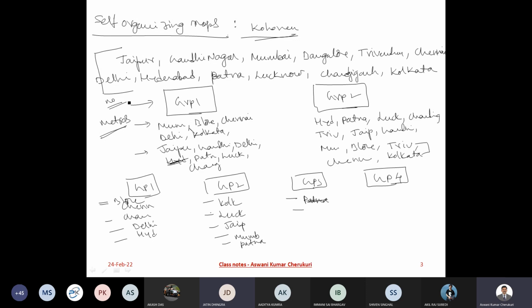Somebody asked me when I gave that problem, sir, what is the basis? If I give the basis, or if I indicate which class Jaipur, Gandhinagar, or Mumbai belongs to, that becomes supervised.